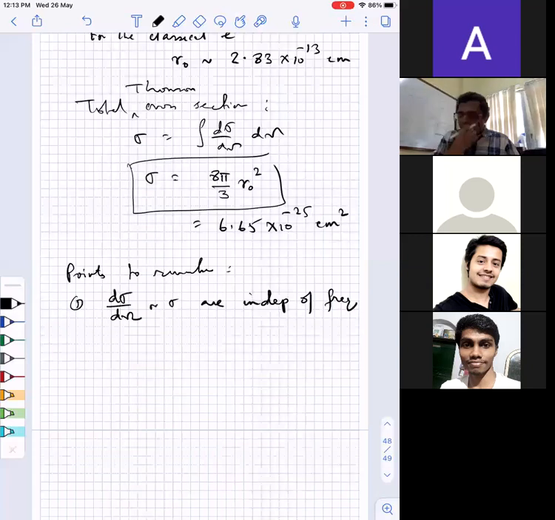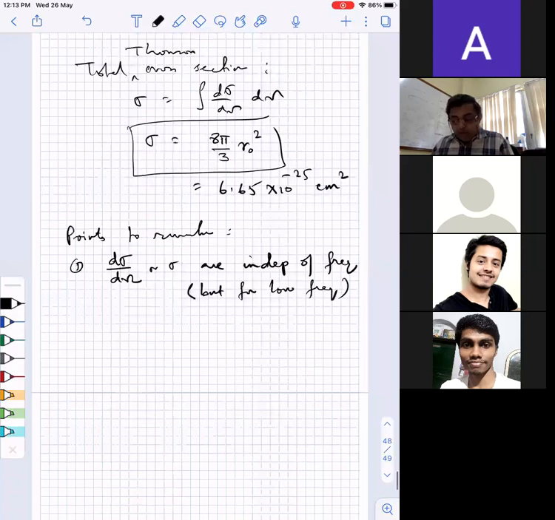Of course, again, this is valid for low frequencies. So classical, not very high frequencies. Okay. Why is it for low frequencies?